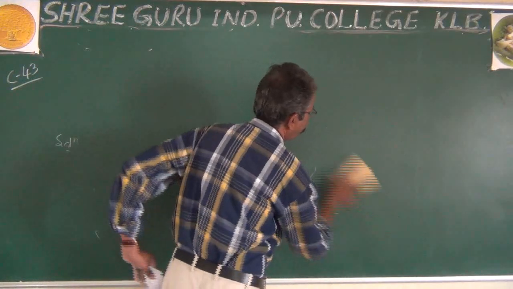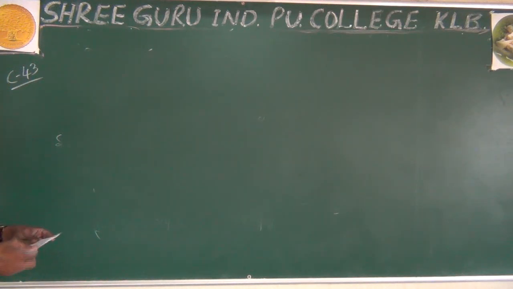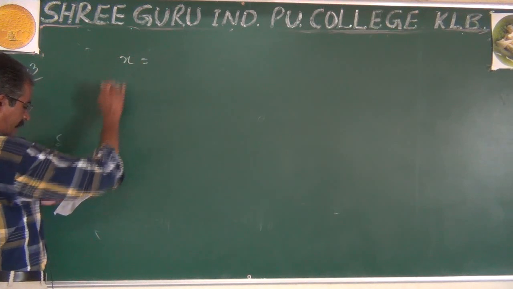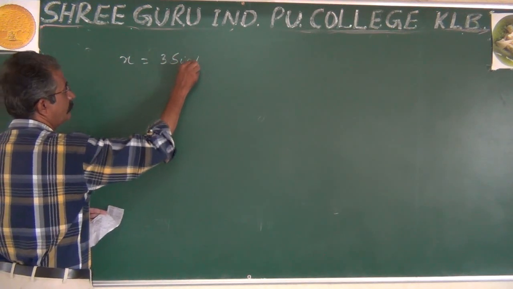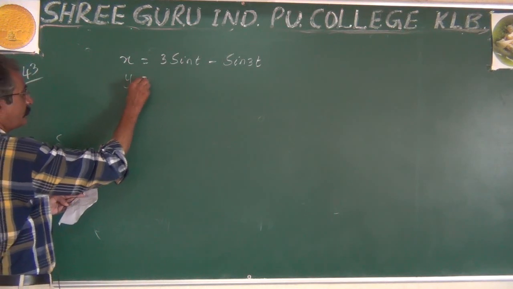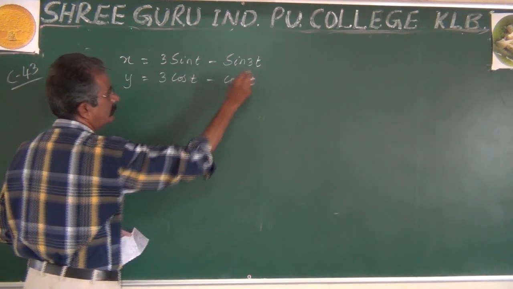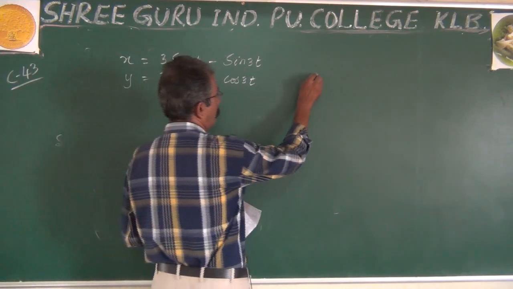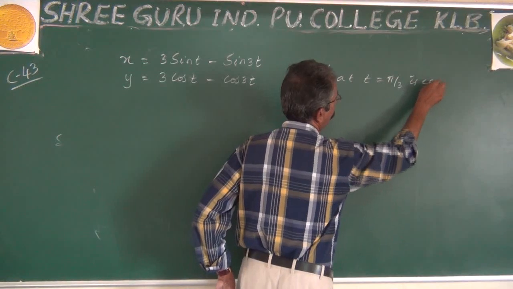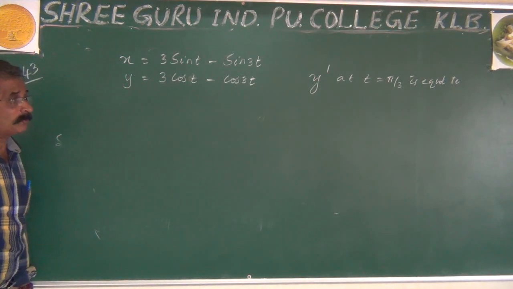Next problem. If x equal to 3 sin t minus sin 3t and y equal to 3 cos t minus cos 3t, then y dash at t equal to pi by 3 is equal to, you have to get y dash at point t equal to pi by 3.